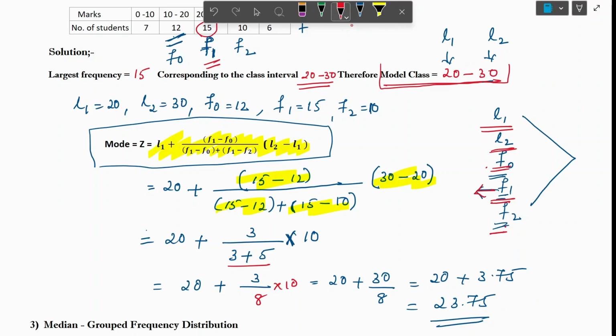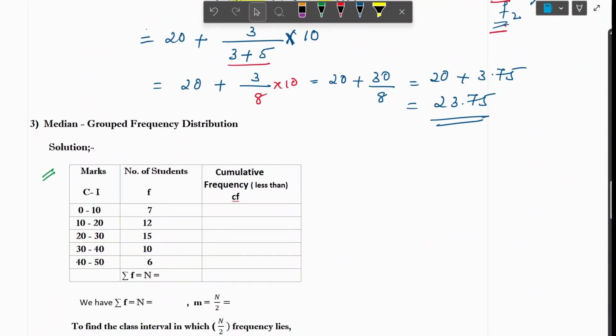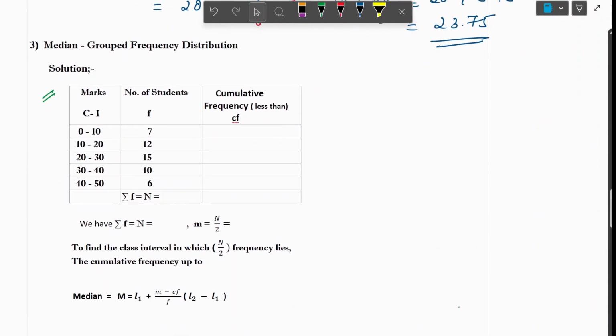Now we have finished arithmetic mean and mode. Now we are going to do median, also with a formula. But before the formula you need to complete the cumulative frequency table. Last time we already completed it for discrete data. Now see here, median, same question. Just 2 or 3 columns for your cumulative frequency table: class interval, frequency and cumulative frequency.